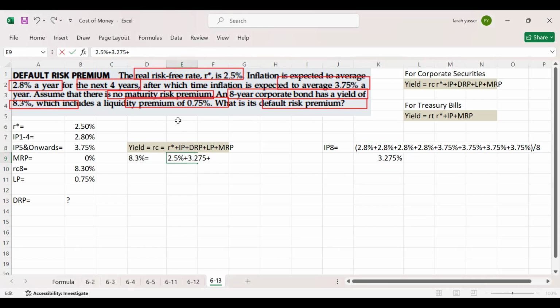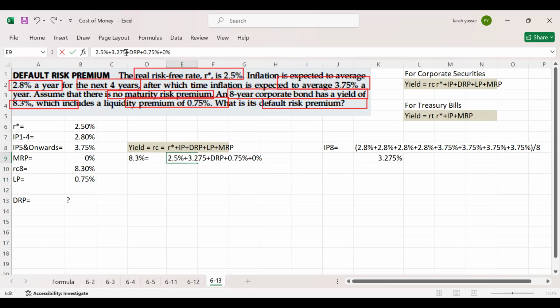Then we will add default risk premium. Default risk premium is not given, so DRP. Then we will add liquidity premium, which is 0.75%. Then we will add maturity risk premium, which is 0%.